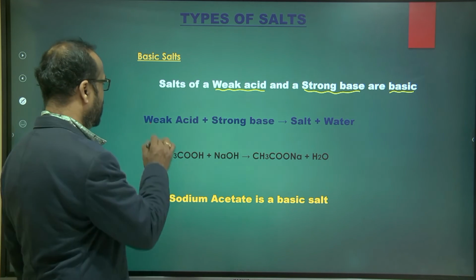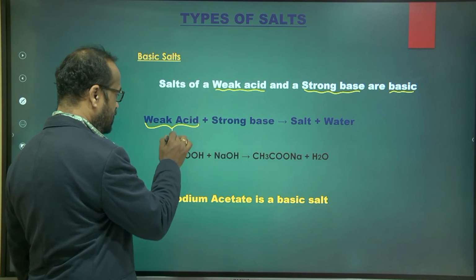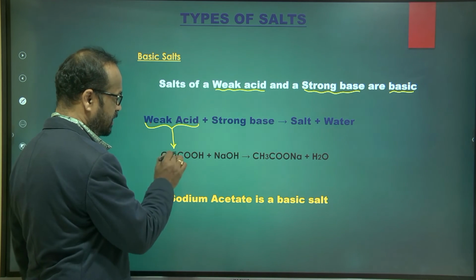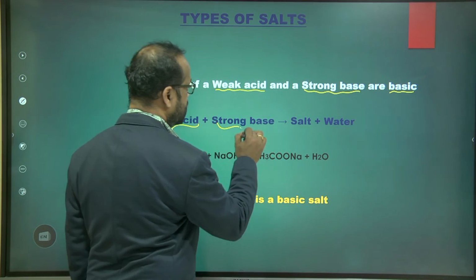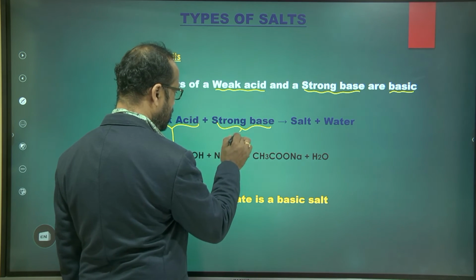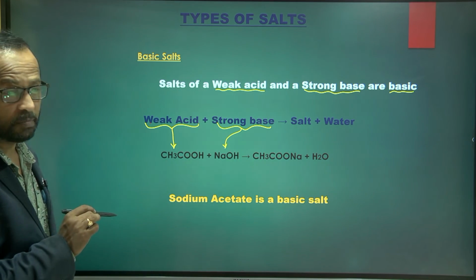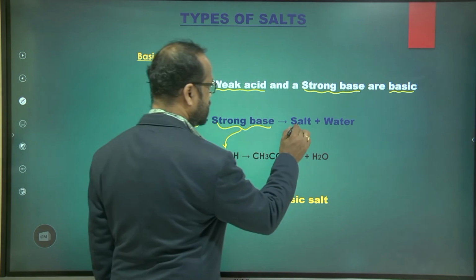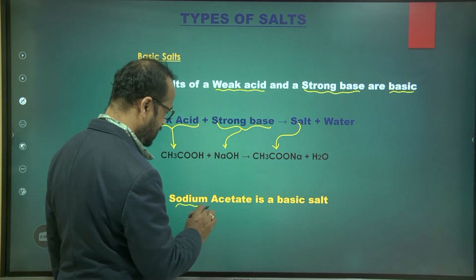So here we can write generally. This is a weak acid, for example acetic acid. This is called acetic acid. I already gave the names also. And this is reacting with a strong base, sodium hydroxide. That's a strong base. Now it is forming the salt. This salt is called sodium acetate.